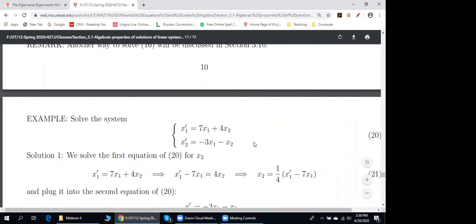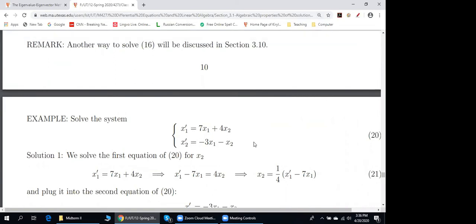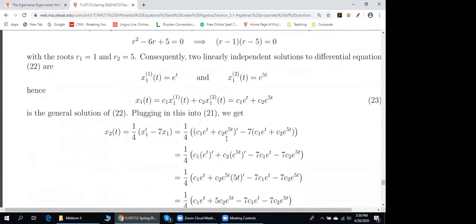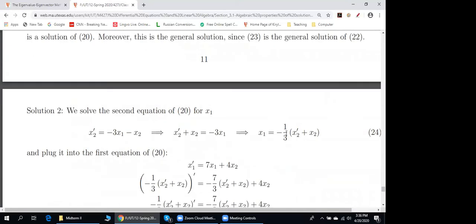In order to solve this system, either we solve equation number 1 for x2, which is done here, and then plug into the second equation, or we solve equation number 2 for x1, and we do it over here, and then plug into the first equation.